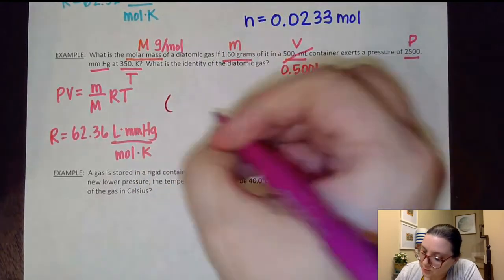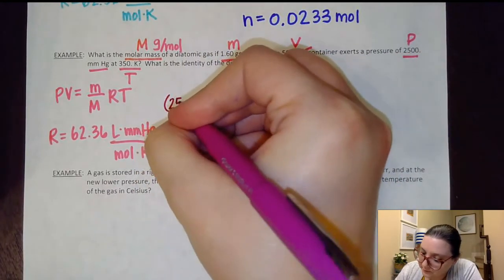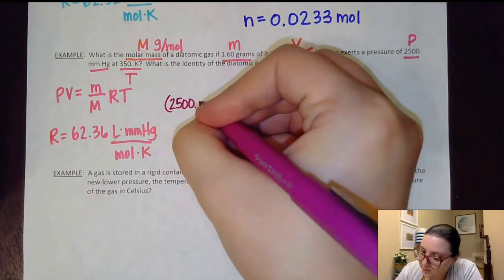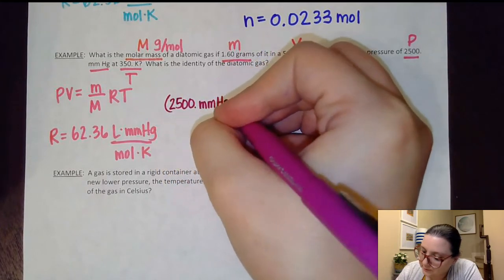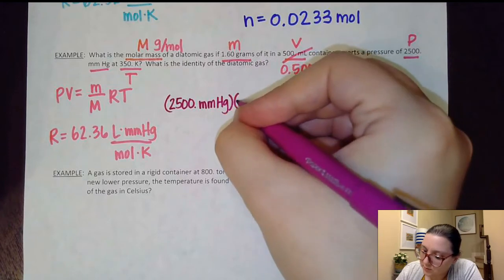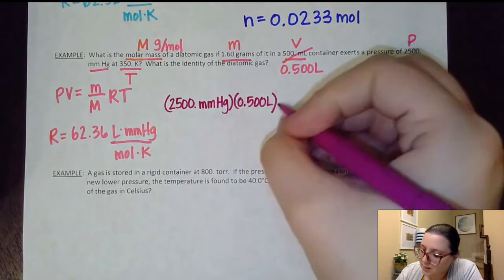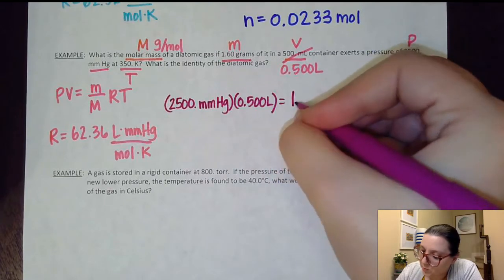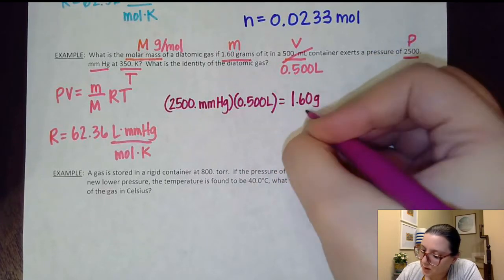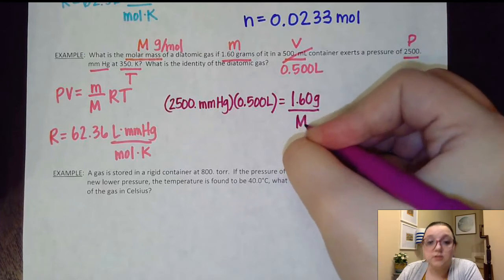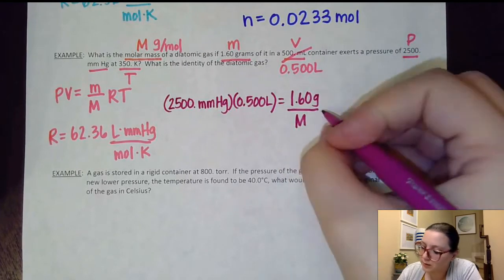So my pressure was 2,500 millimeters of mercury. My volume, we made 0.5 liters. The mass is 1.60 grams over the molar mass, which is our X, our unknown variable here.